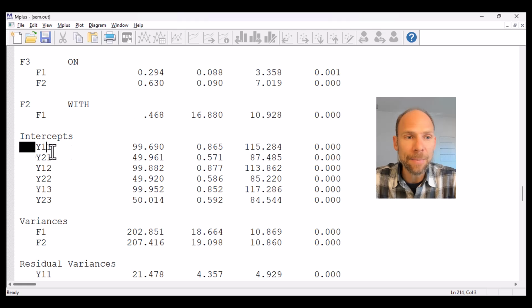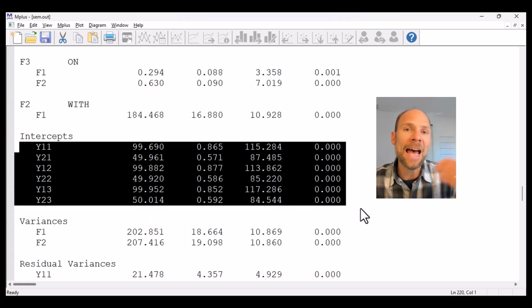Next are the intercepts for the observed variable. So those are the additive constants in the measurement equation. Remember that for each observed variable y, we have an equation that says y equals intercept plus factor loading times factor plus error variable. And so then these are the constants.